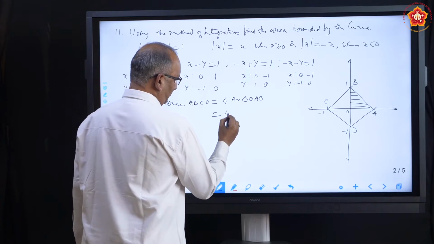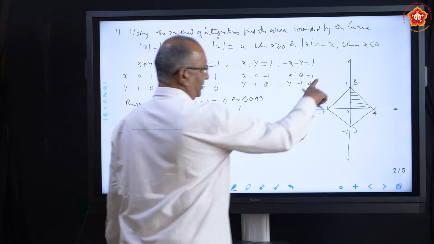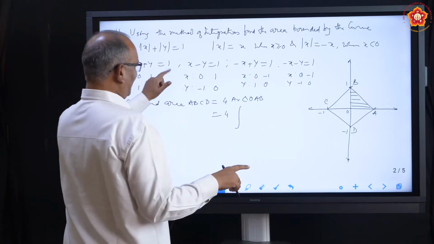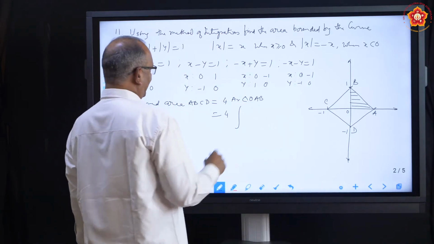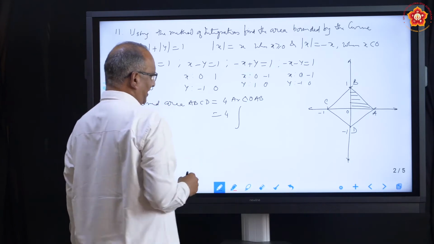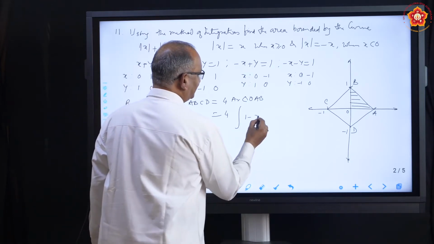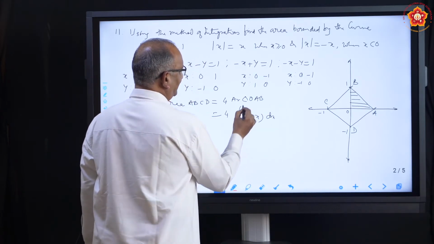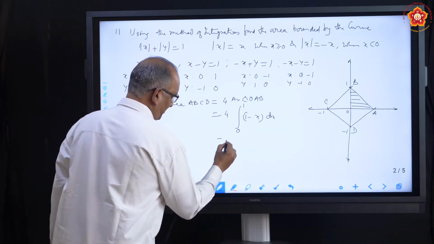What is this line AB? The line is x plus y equal to 1. So y is 1 minus x, dx. What are the limits? 0 to 1.